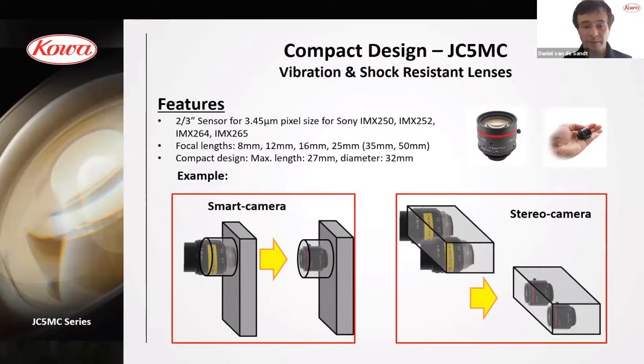As I said, not in all applications is this relevant, but in some applications, as you see here, you have limited space and small housings. Then these compact mini lenses come into play. And by being that small, these lenses also have one other positive side effect: they also have a more stable optical axis.